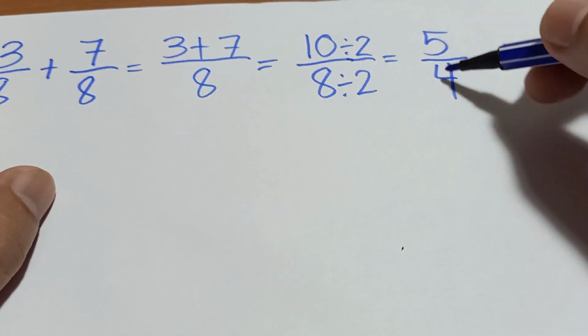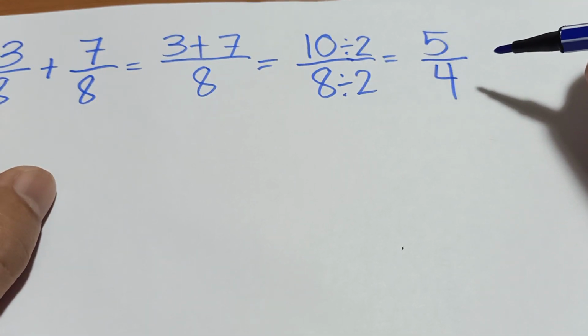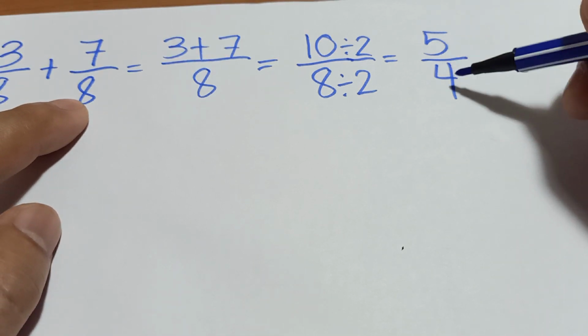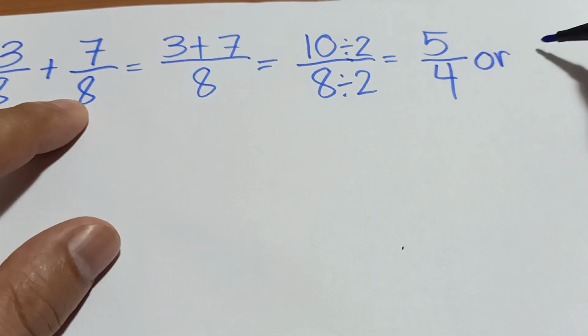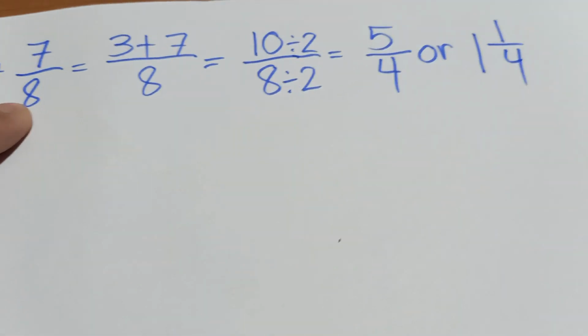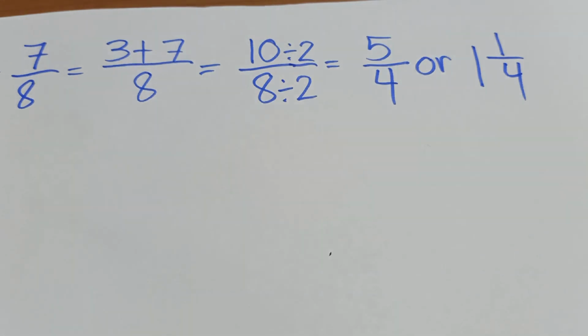Okay, so to simplify 3 over 8 plus 7 over 8, the answer is 5 over 4, or 1 and 1/4. How did it become 1 and 1/4?